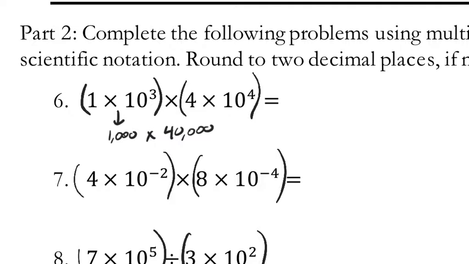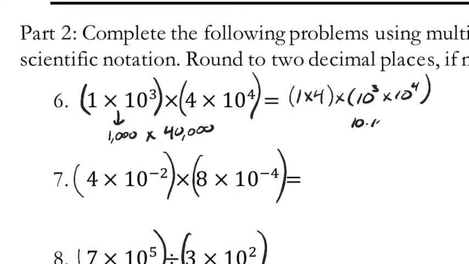But as I'm sure you're aware, multiplication can be done in either direction. 3 times 4 is the same as 4 times 3, for example. They're both 12. So I could utilize that to say it's 1 times 4 times 10 to the third times 10 to the fourth.